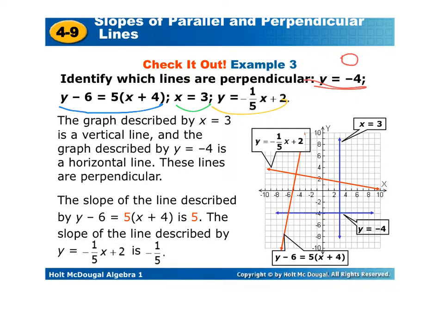What's the slope of the blue line? 5. Good. Okay, what's the slope of the green line? 0. Nope, undefined. Undefined, good. And then the slope of the yellow line? -1. Good. All right, where are the perpendicular lines here?